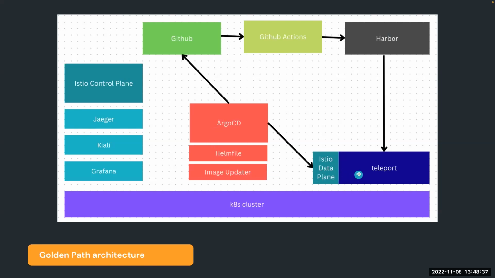And we also use Teleport for access management. So let's say this could be our Golden Pass architecture, so that once we start developing the application, we will have all these manifests and this whole flow in place. We will just make our changes and customize for our application, Dockerfile, Helm file, and so forth, and then deploy, and the whole stack should just do the work for our application.